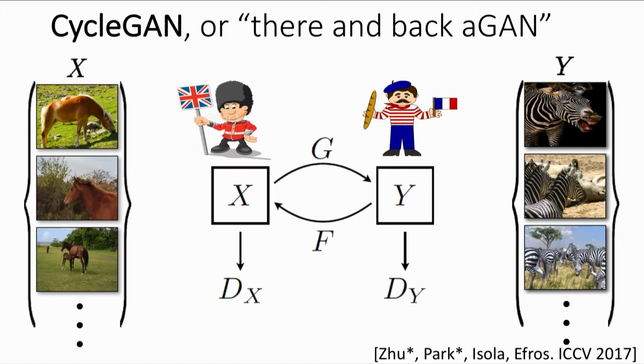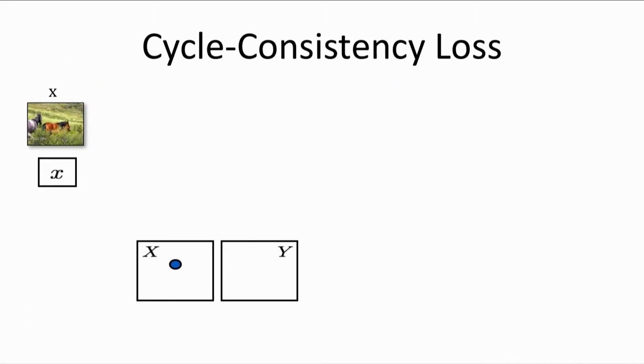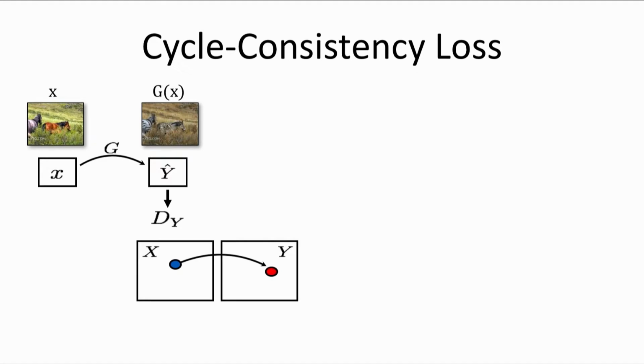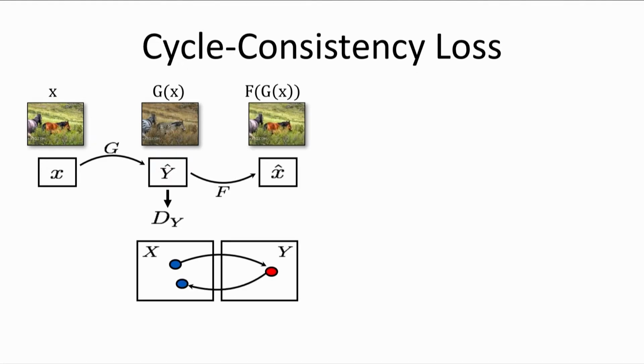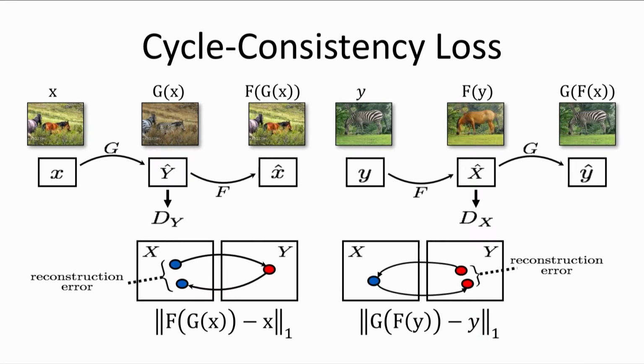So it's basically the same thing we are doing here. We take a horse, translate it into a zebra, with the adversarial loss saying it needs to be in the class of zebras. Then we translate it back, and here is the cycle consistency loss. Basically, what we started with is what we should end with. Okay? And then we do it the other way around.